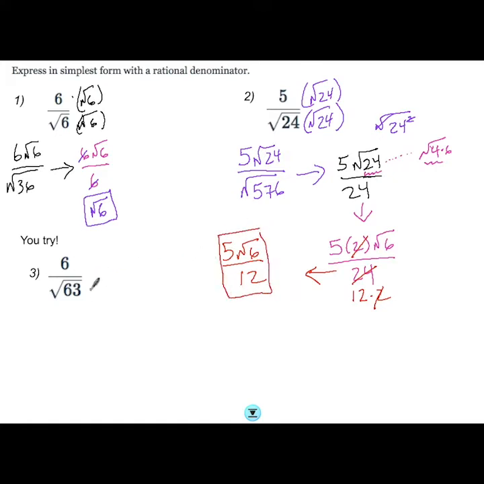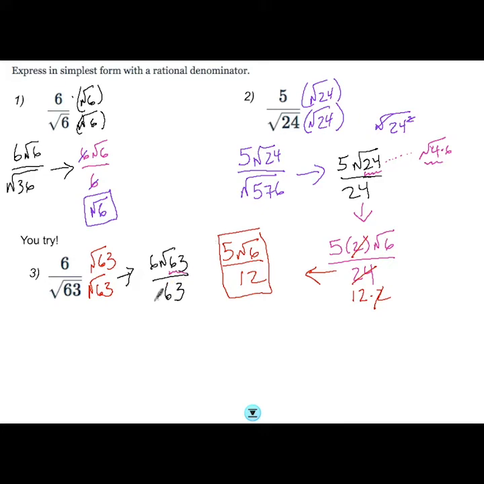Okay, so let's try another one here. Again, you can hit pause. You can try it on your own and then check. That's our first step. Next step here is just understanding that this is going to be 6 root 63 all over 63. Now we want to try to rationalize this root, square root of 63. So I'm trying to think about a perfect square that's a factor.